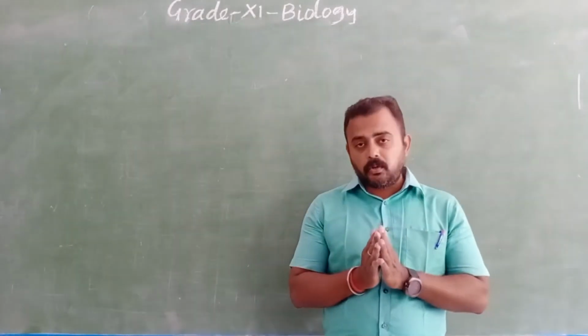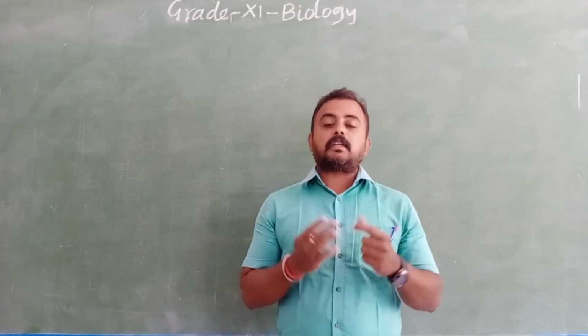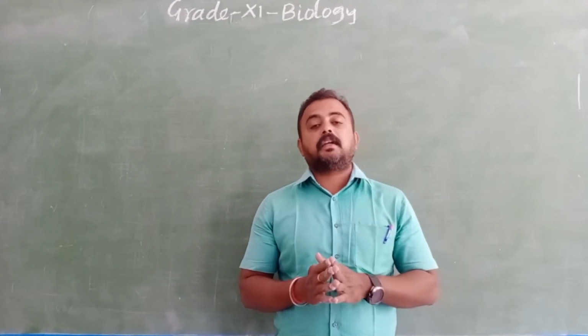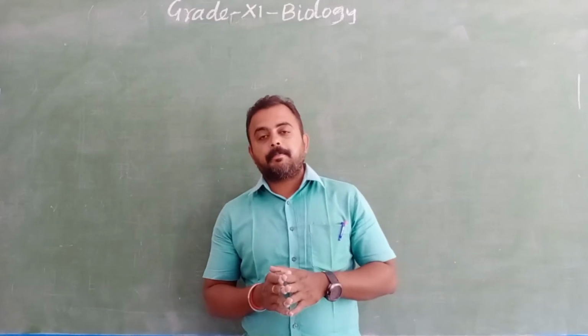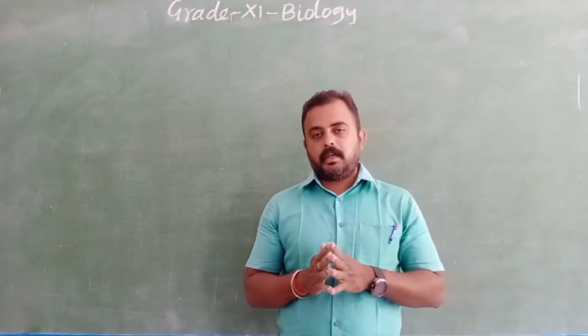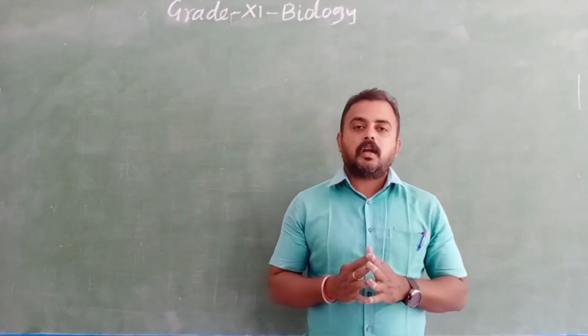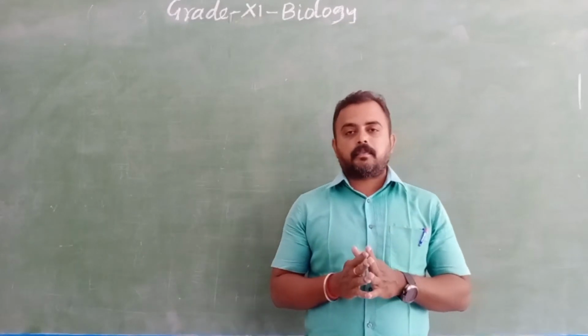The types of neuron we have also completed: unipolar, bipolar, multipolar, based on the number of dendrites and axons. Then based on the myelin sheath, we have two types: myelinated neuron and non-myelinated neuron.